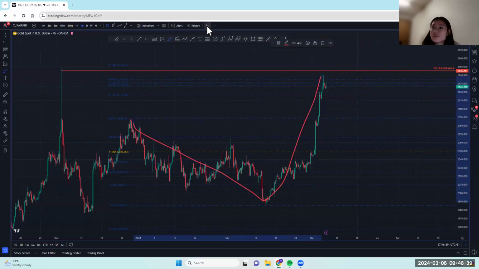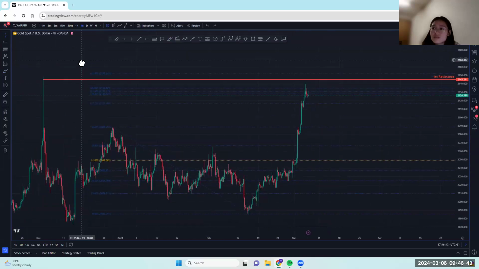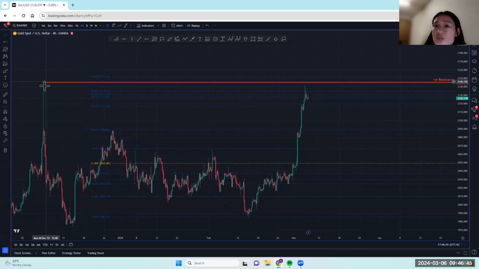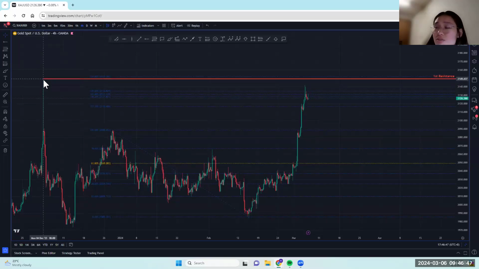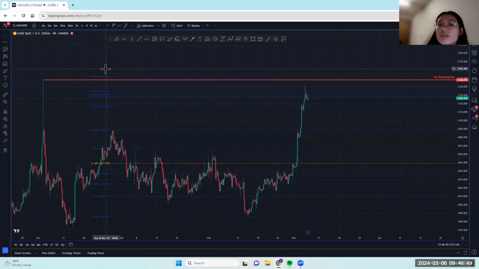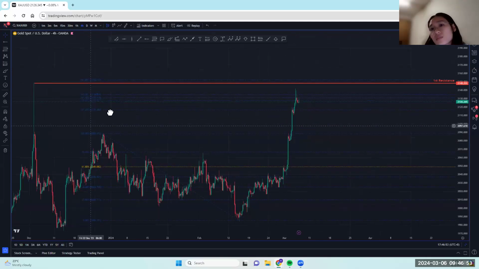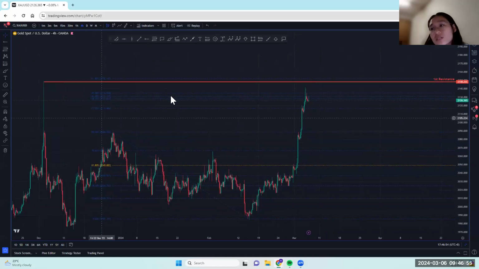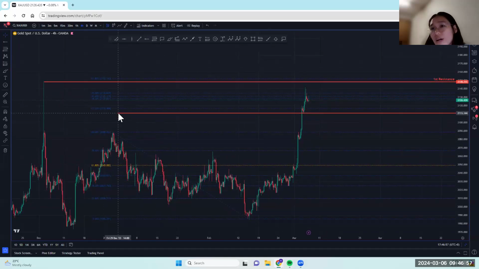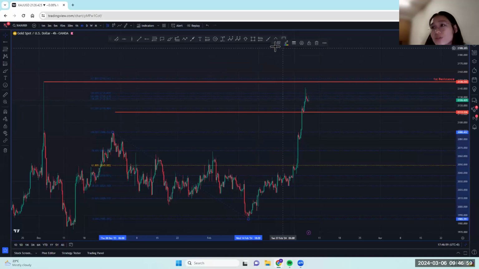Okay. Can see the 161.8 lines up with our first resistance as well. Okay, and I'm just gonna place our first support at this 127.2 level.